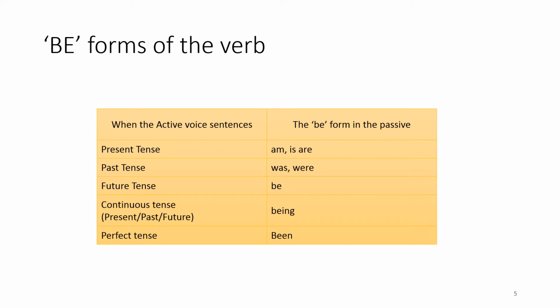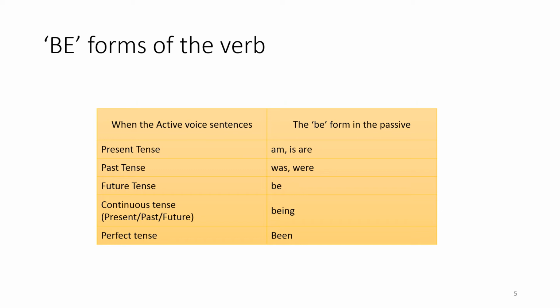And in case of perfect tense, it will be been. Please cram this, that's very necessary. In case of various tenses, you must know what type of be verb will be used, because the be verb will have to be there as per our rule.